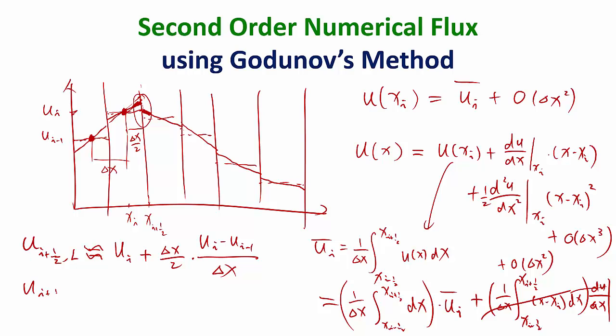And ui plus 1 plus half, right, can also be approximated by these values. It is ui plus 1 now, minus half of delta x times ui plus 2 minus ui plus 1 over delta x.